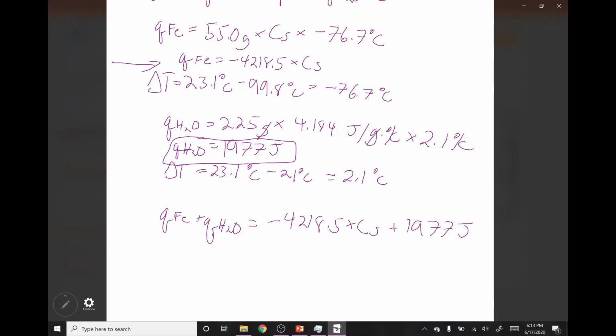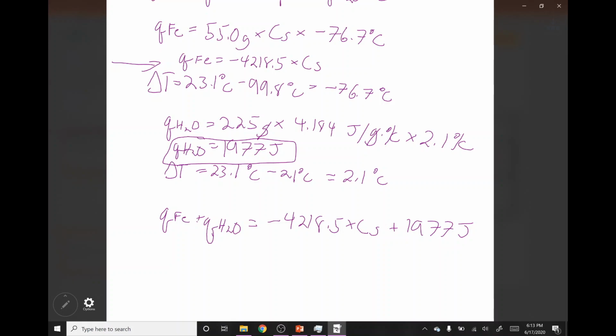Divide both sides by minus 4219. So CS essentially is equal to 0.469 joules per degrees C times grams.